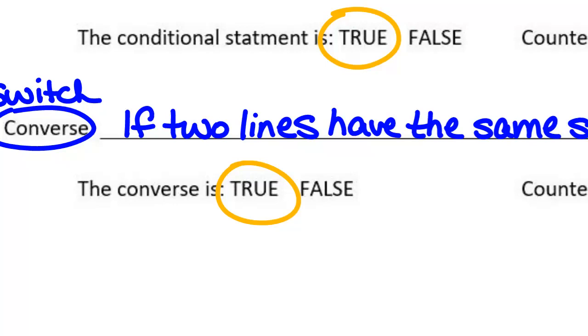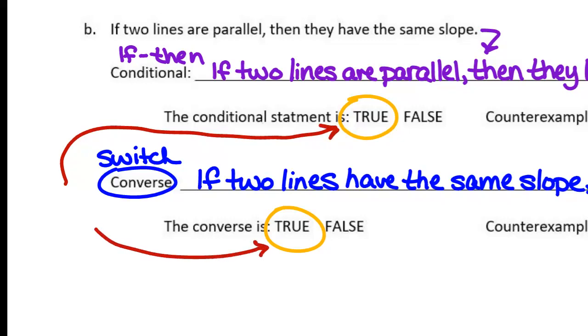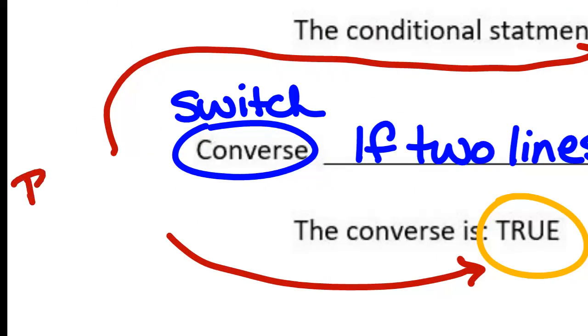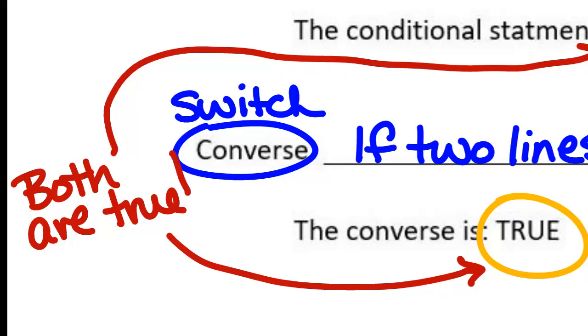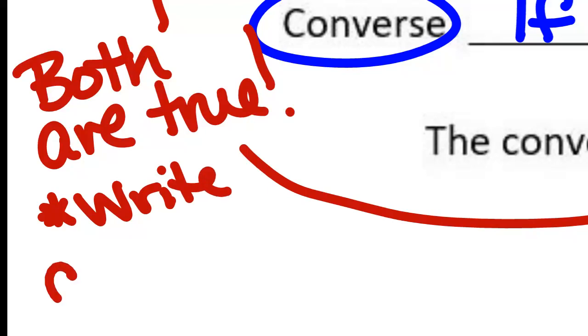So we have both my original if-then and the converse as true. That means that I can write a biconditional.